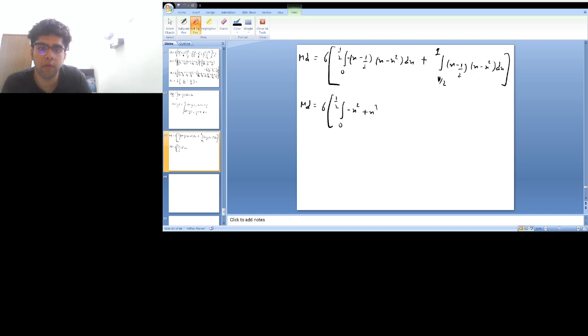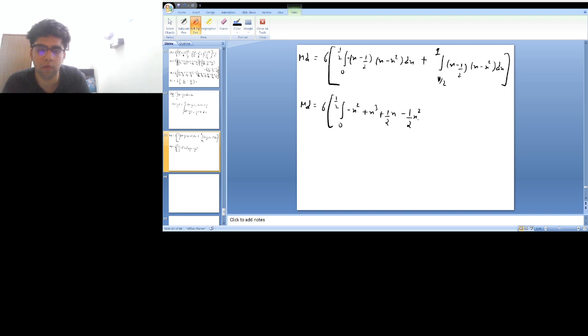Plus x cube minus half x plus half x. So this is minus x and x minus x square, minus x and this minus x square gives me plus x cube. Now plus half into x, half x, and plus half into minus x square gives me minus half x square.